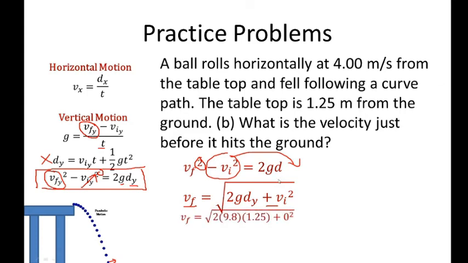Substituting values, that is the square root of 2 times 9.8 times 1.25 plus 0, because the initial velocity in the y is 0. So the answer is 4.95 meters per second. So before it hits the ground, the final velocity is around 4.95 meters per second.